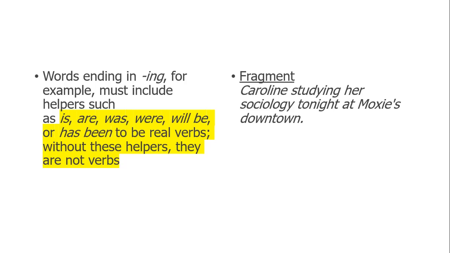Carolyn studying her psychology tonight. Babu, tonight. It's not yet happened. Good. See, that's what I said. Look for the clues. Grammatically you're correct, but if I had not seen this tonight part... but it is tonight.